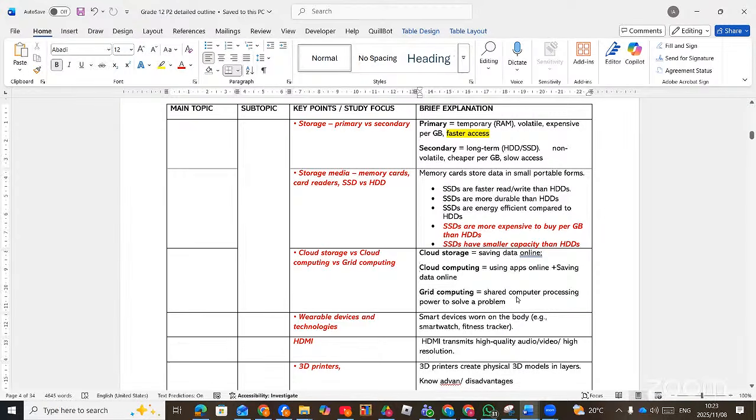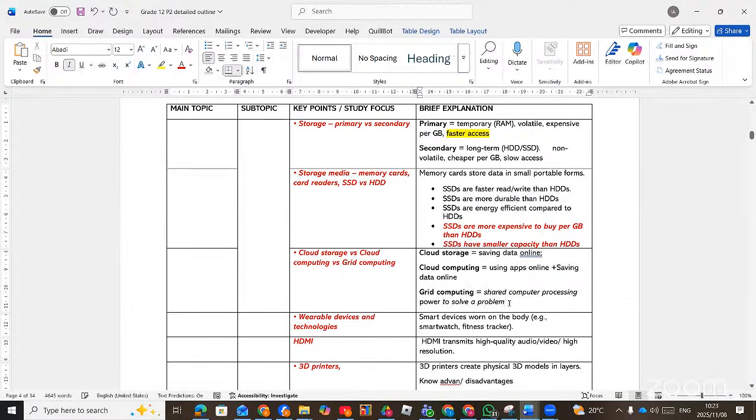And then grid computing is sharing the computer processing power to solve a single problem. The keywords are these: the shared processing power in order to solve a single problem.